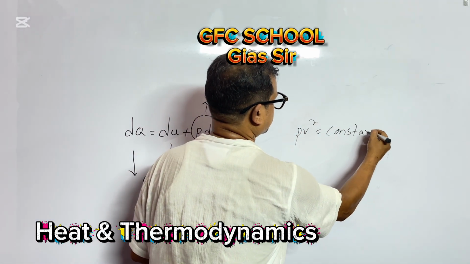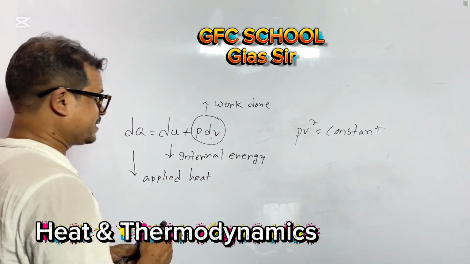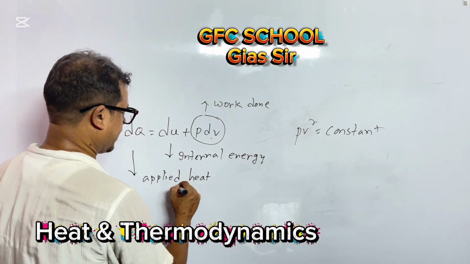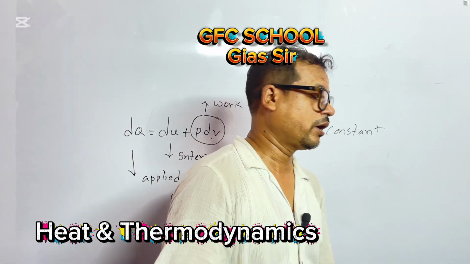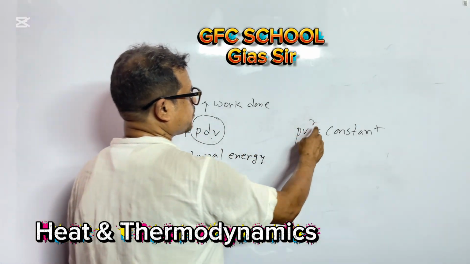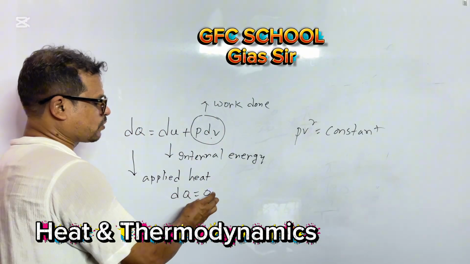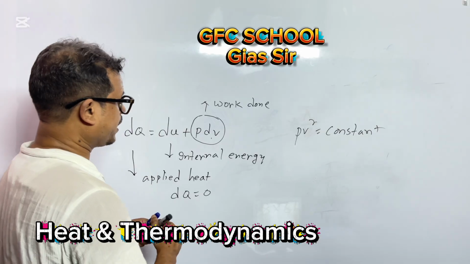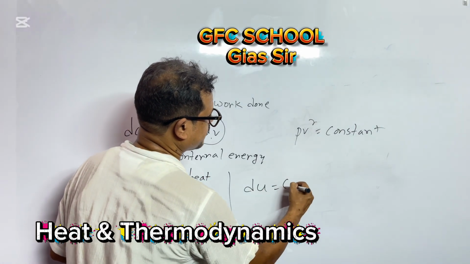Okay, this we will prove. Okay, here dQ, just now I have said this is an adiabatic process. That's why here dQ equal to 0. Since it is an adiabatic process, and since we prove PV to the gamma equal to constant in an adiabatic process, that's why in the adiabatic process dQ equal to 0. Guys, here again another quantity we have to know, that is dU equal to CvdT.